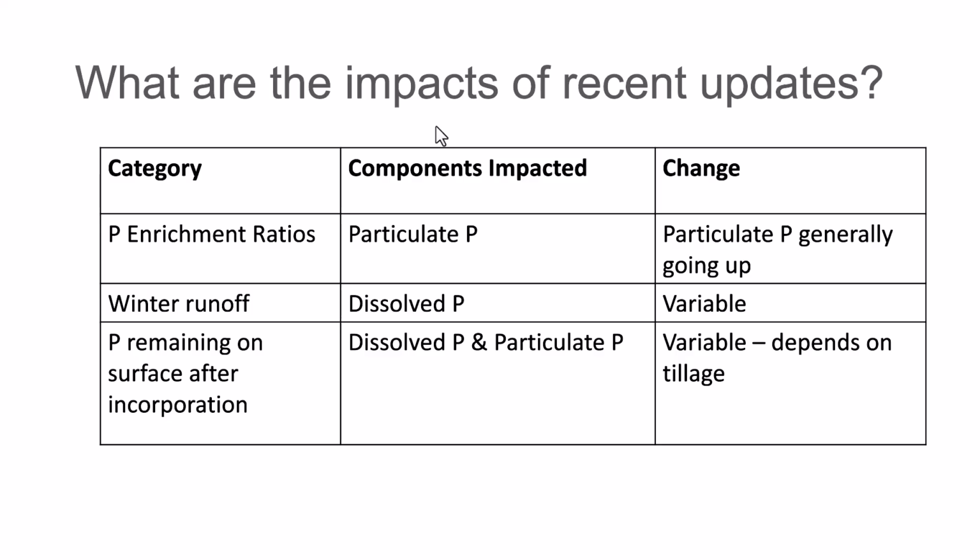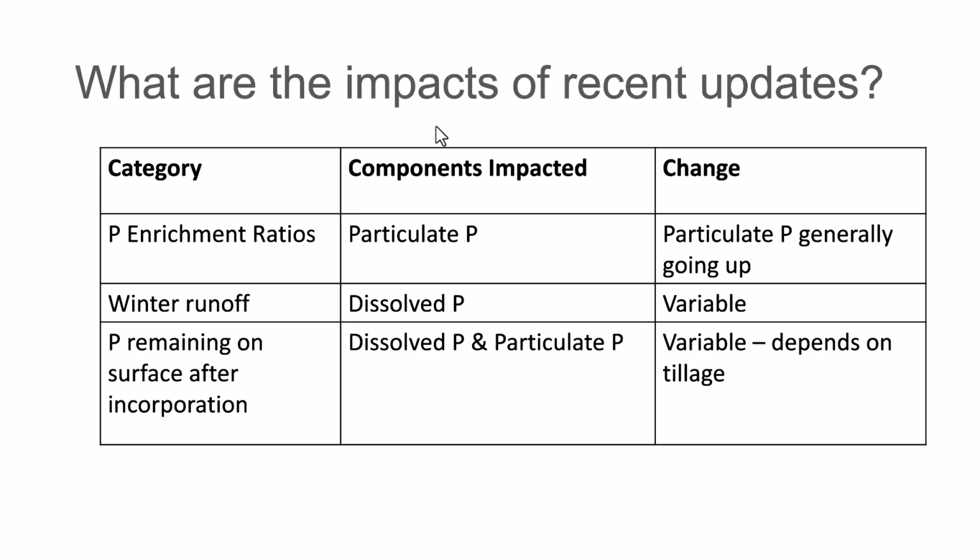Now, the second two changes, for winter runoff and the amount of phosphorus remaining on the surface after incorporation, don't have a clear answer. So it's always going to be variable depending on your starting point. And when we look at winter runoff, that change in the calculation impacts the dissolved phosphorus component. And whether or not your phosphorus index number might go up or down with these changes really depends on your county level precipitation.